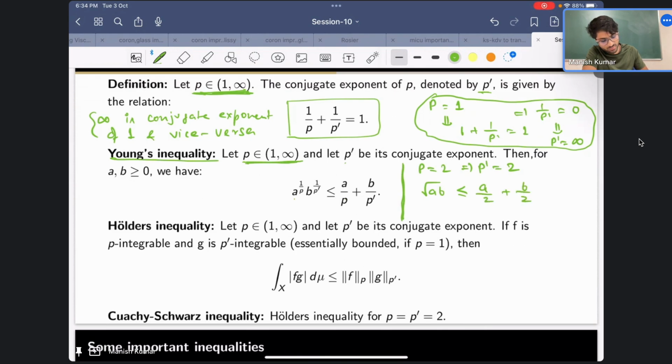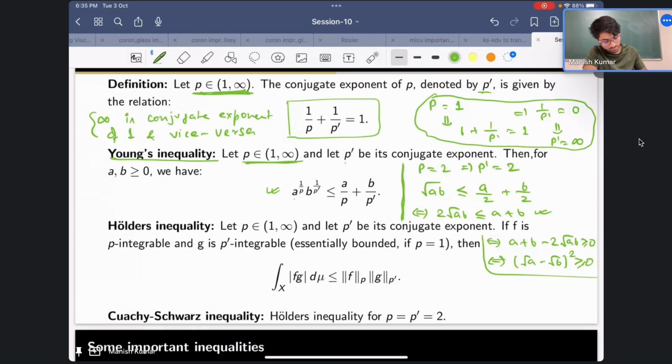If you rewrite this, it says a plus b minus 2 root ab is greater than or equal to 0, and this is nothing but root a minus root b whole square, which is true. This is just a particular example of this exponent, and the inequality is in some sense a generalization of that.